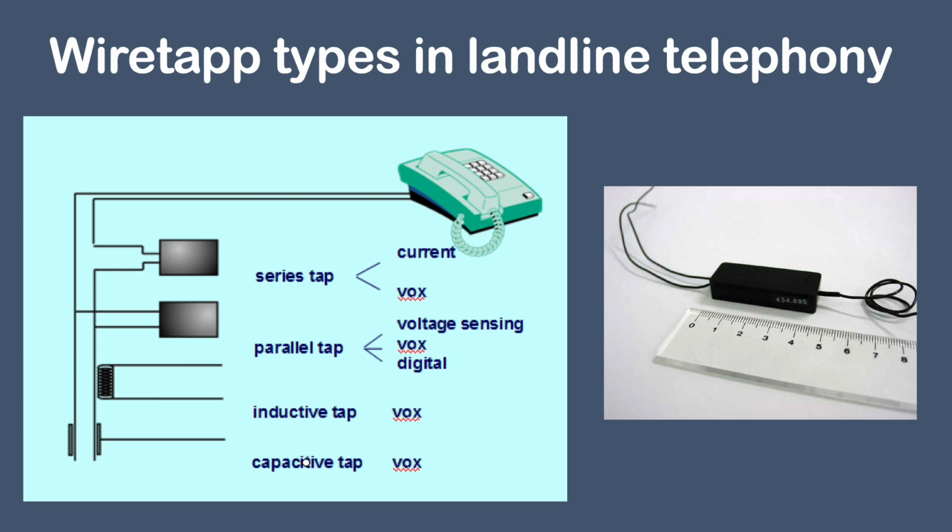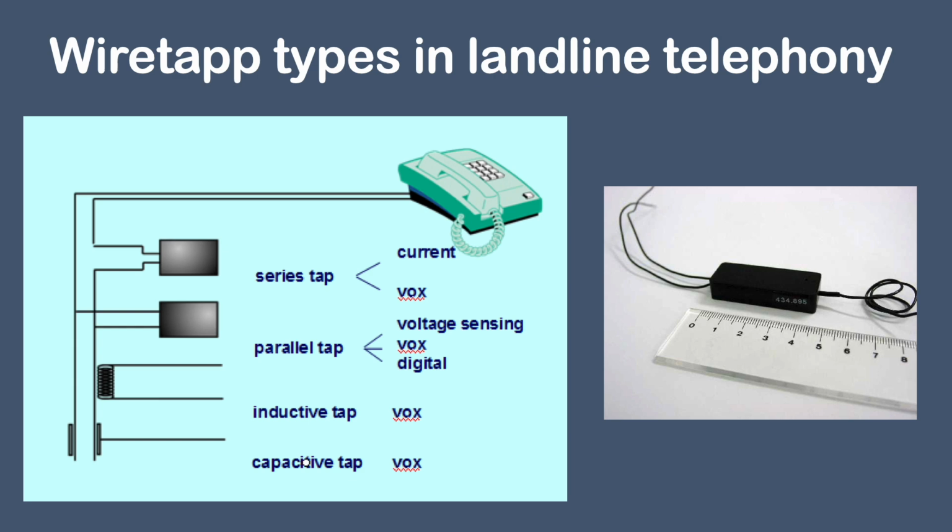The first tap shown is a serial tap, and it connects with one of the twisted pair wires and is activated by the line current when we lift the telephone handset hook. The parallel tap is the second, connects with two twisted pair wires and is activated by the voltage difference between the two wires when we lift the hook.